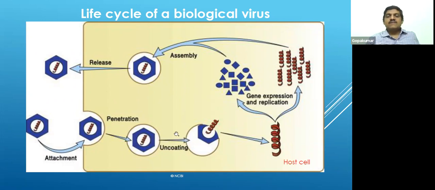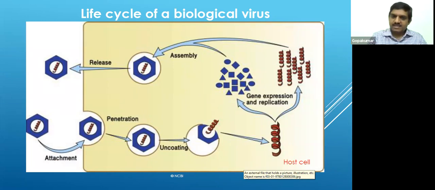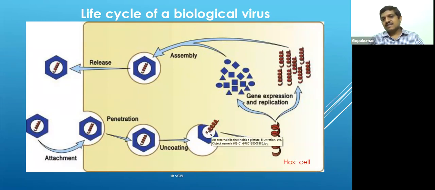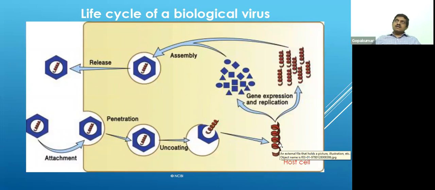Once it is inside the host cell, the protein coat will break, and the virus will release its genetic material into the host cell. Now, to make a protein from RNA, or an RNA from DNA, you need a cell environment. Inside the cell is essential.